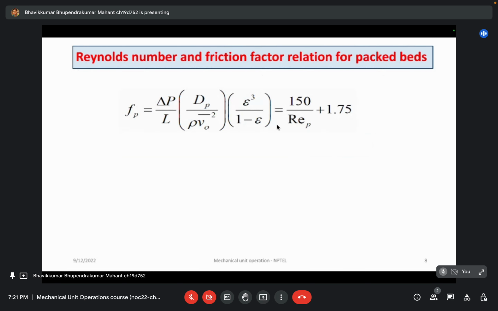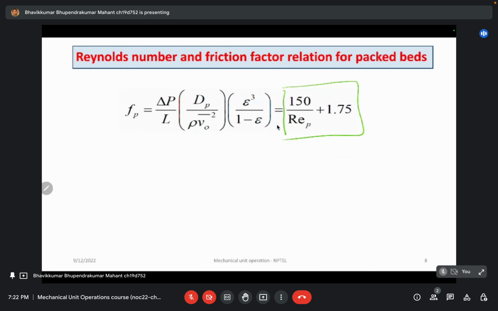The equation is like this: friction factor Fp is equal to delta P by L into dP upon rho V naught square into epsilon cube upon 1 minus epsilon. If you substitute the value of delta P from the Ergun equation, after some derivation steps, at the end you will get 150 divided by Reynolds number Rp plus 1.75.